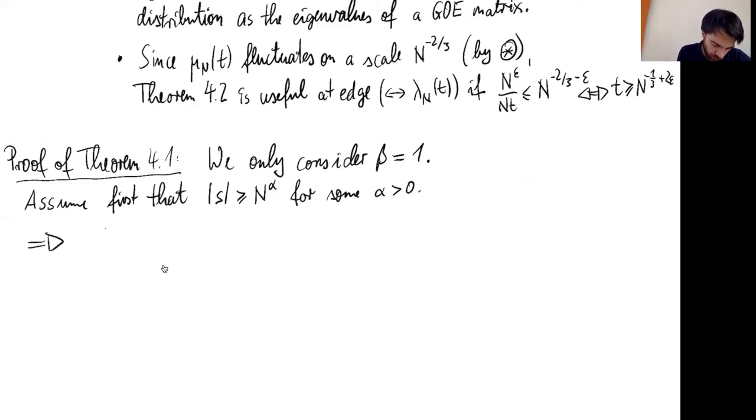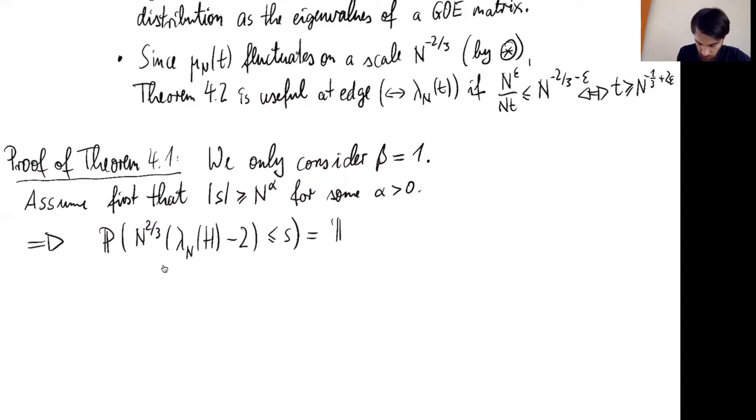Then this implies, and it just comes from the eigenvalue rigidity, as we will see, that both of these quantities that we want to compare, probability of lambda n of H minus 2 smaller than s, is the same as lambda n of the GOE minus 2 smaller than s, even if I add this n to the minus delta here.